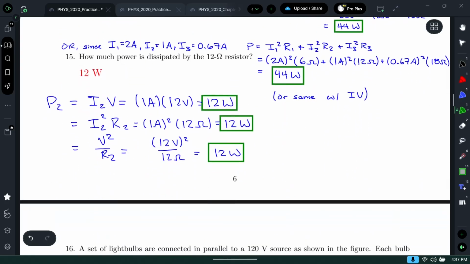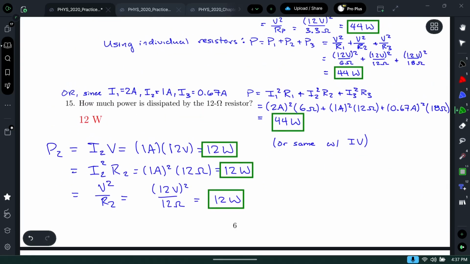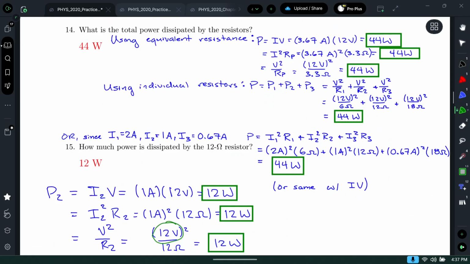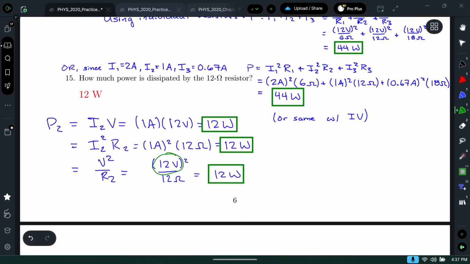15. Same deal here as with 10. I'm just showing you all the different options you have for finding this power dissipated. For resistors in parallel, the easiest option is going to be V squared over R, because I know that resistors in parallel have the same voltage across them. And that's going to be the battery voltage in this problem. So I can find that real quick for each resistor, no problem.